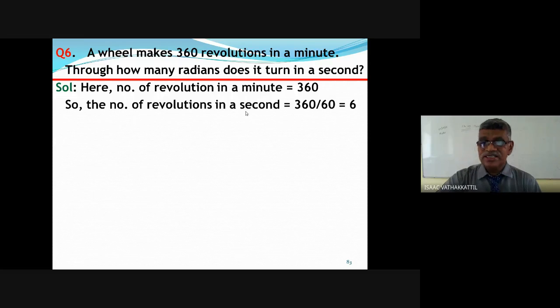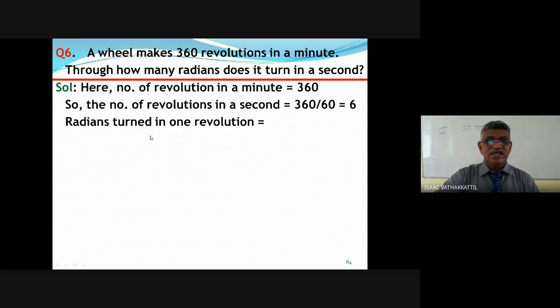So how many revolutions in 1 second? 360 upon 60, that is 6 revolutions per second. And in 1 revolution, how many radians does it turn? Remember, it is 2 pi radians.